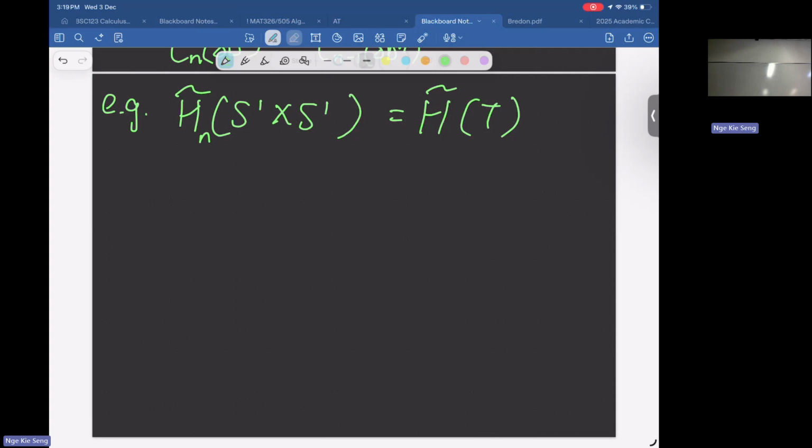What's the relation between S1 wedge S1 and S1 cross S1? Torus. Yeah. So it's the skeleton, right?